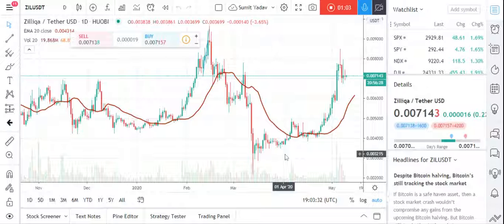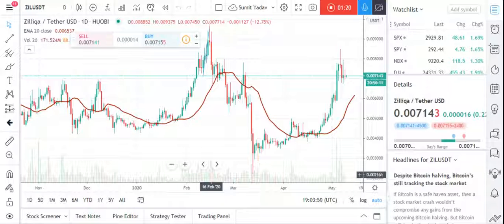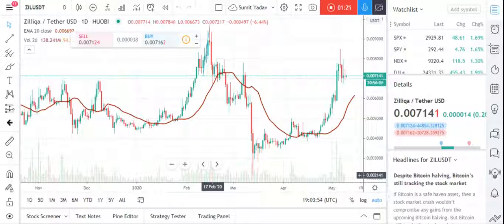So we take two extreme points on a crypto chart and divide the vertical distance by the key Fibonacci ratios. From this point to this point there is a vertical distance, and we will divide it into Fibonacci ratios like 23.6%, 38.2%, 50%, 61.8%, and 100%.